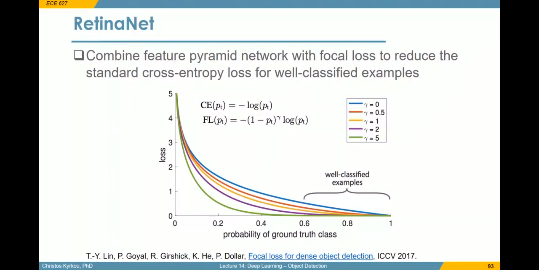But as I said, YOLO, for example, has a different mechanism for dealing with this using this objectness score. And if you look at the loss function, essentially the weight that controls the objectness does a similar thing. So it suppresses the loss value coming from negative samples.